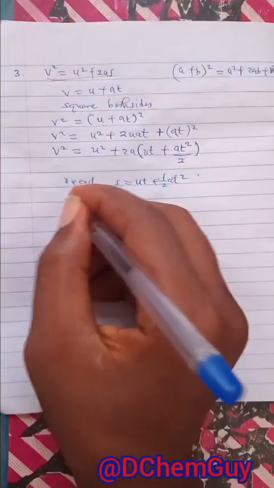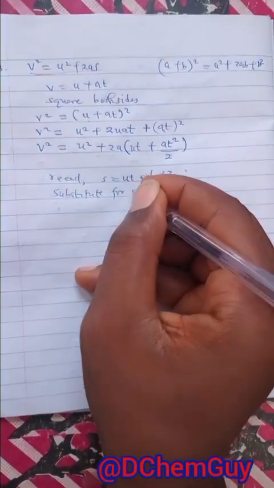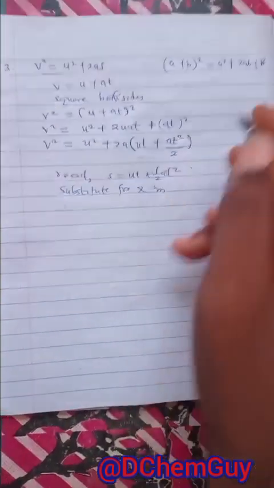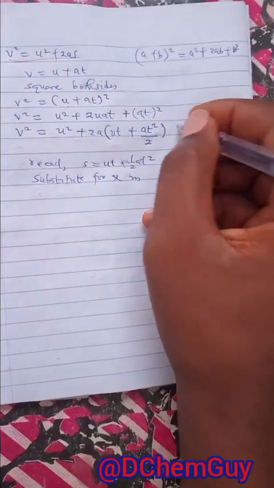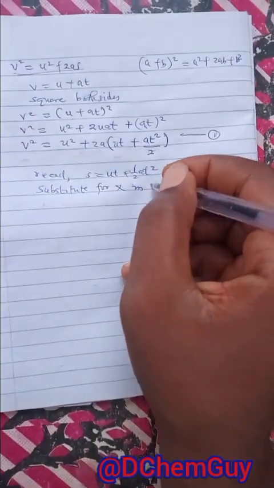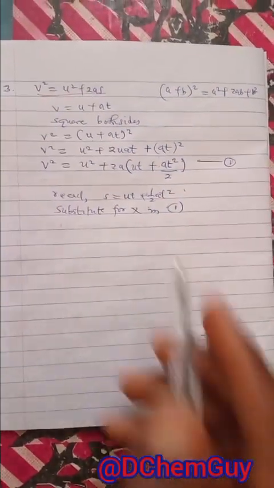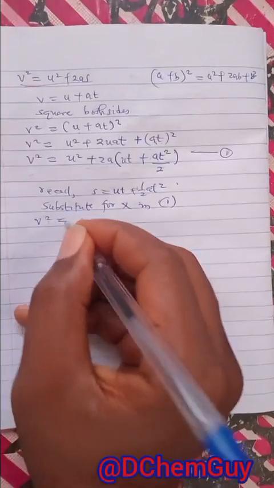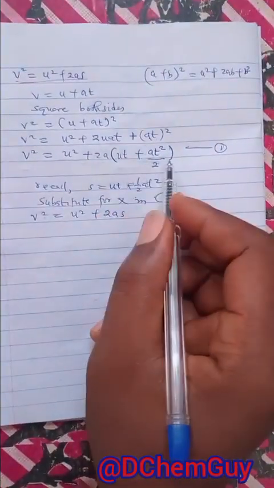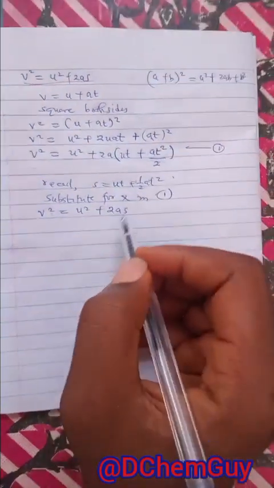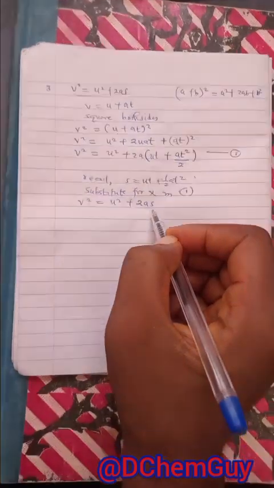So substitute for s in equation 1. So we now have v squared equals u squared plus what? 2as. So this is our s here being replaced. Proved. Okay.